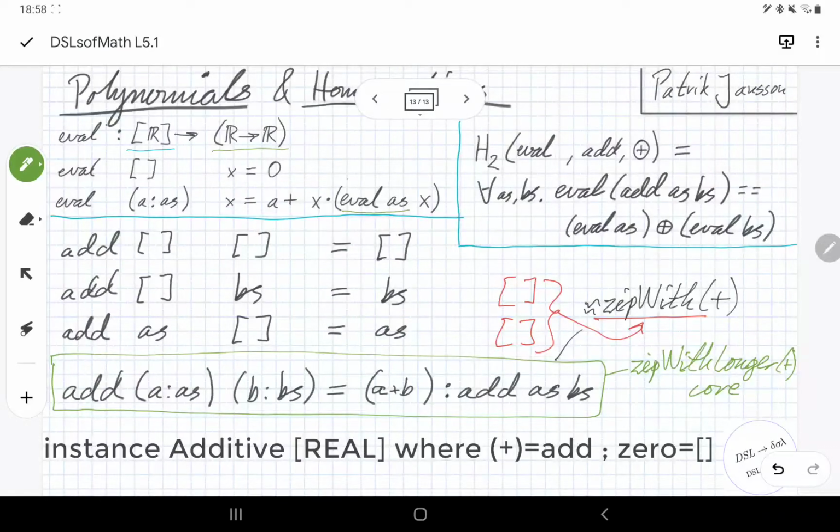Okay, so now when we have this, it means we can make an instance of additive for lists of real numbers, where addition is our add and 0 is the empty list. And it will behave as addition of polynomial syntax tree, well, syntax list, coefficient lists. Okay, so this was all for this part.